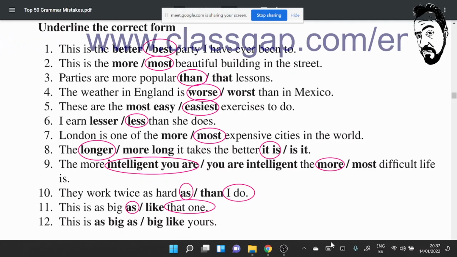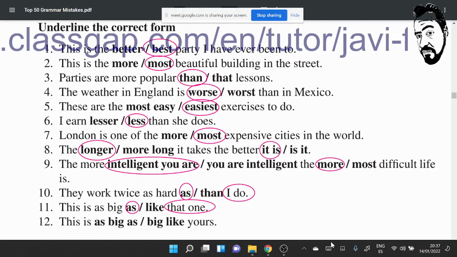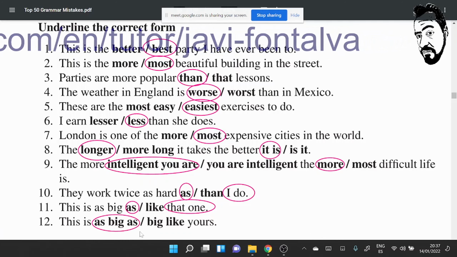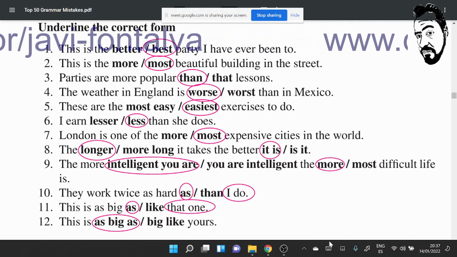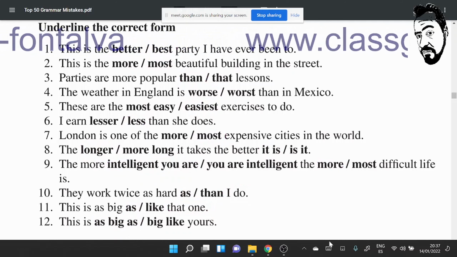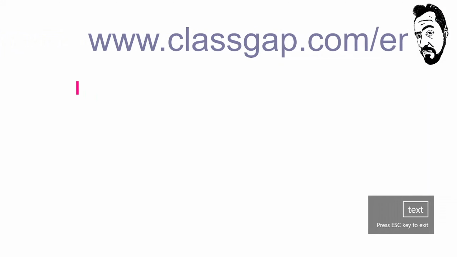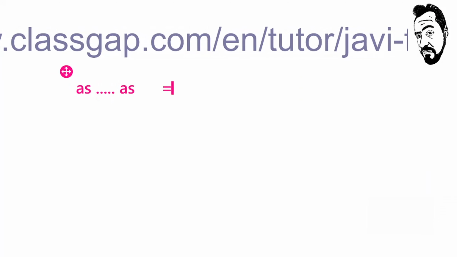This is as big as yours. So this is as big as yours. I have to practice. It's easy. It's very easy actually. So "as... as" when you mean the same quality.